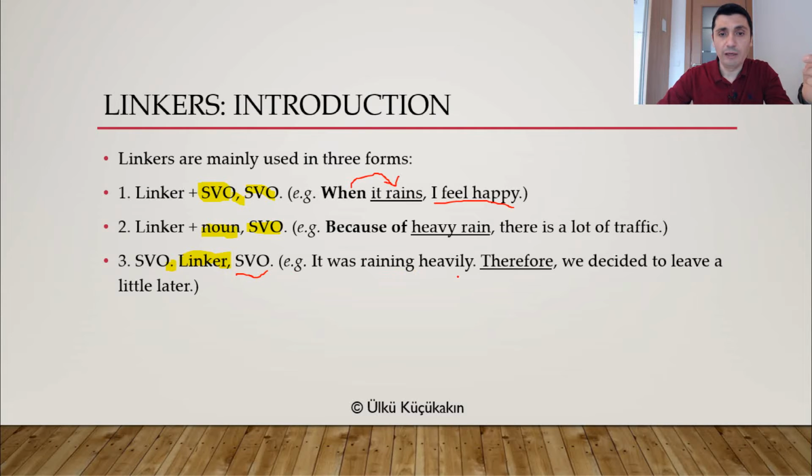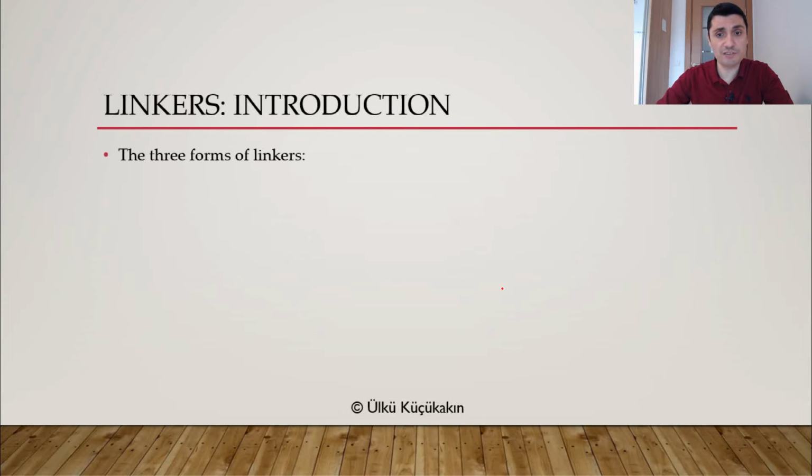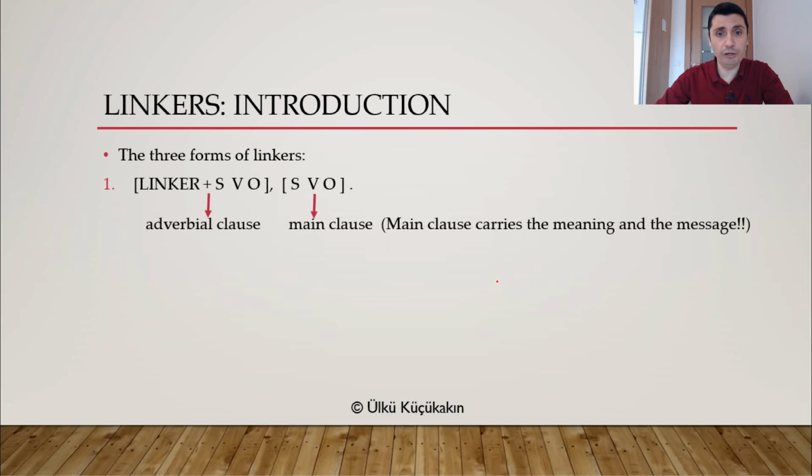For example, it was raining heavily, full stop. Here we have a full stop. Therefore, comma, we decided to leave a little later. As you can see, all three are completely different from each other. Okay? So I will concentrate on these three with more examples.